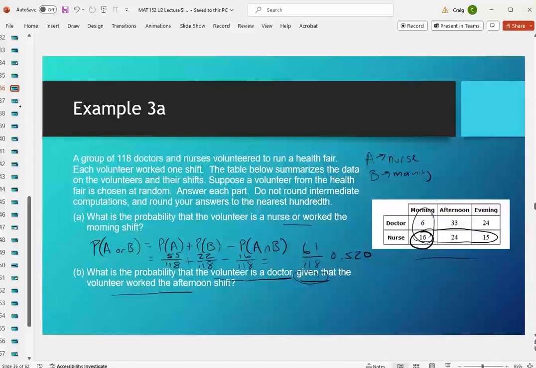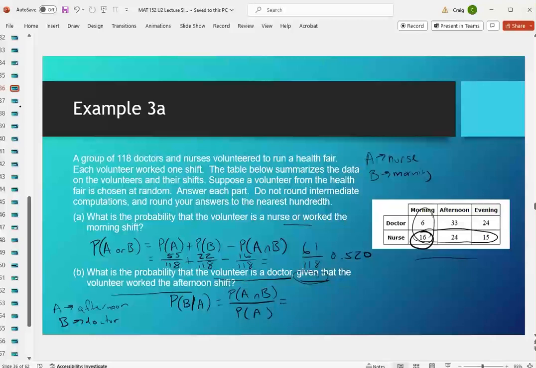If we want to find, let's see, A, we're going to call afternoon, and B will be doctor. And so if we want to find the probability of B given A, that should be a straight line. That's the probability of A and B divided by the probability of A.